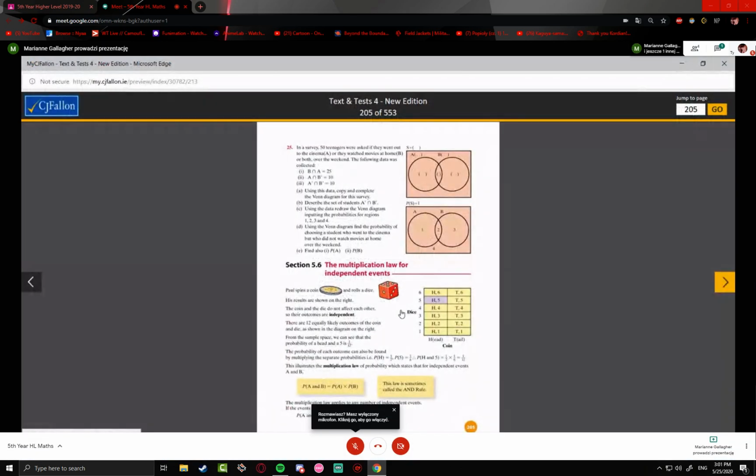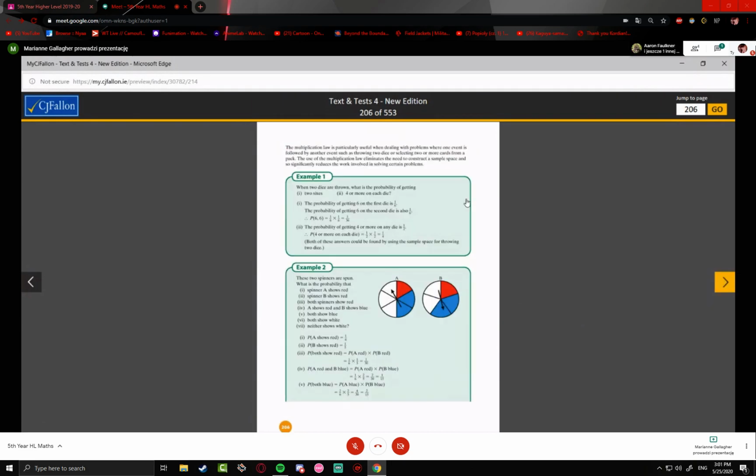If two events are independent and one does not depend on the other, like tossing a coin and rolling a dice, what happens in one doesn't matter to the other, then you can just multiply the probabilities, and that's called the AND rule. The things you might see there are dice, cards, pennies or spinners. You just multiply the two probabilities, and that's nice and simple.